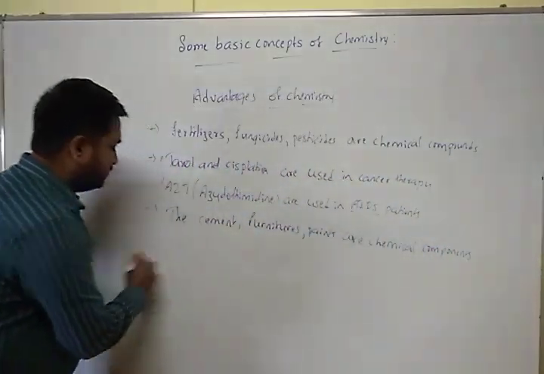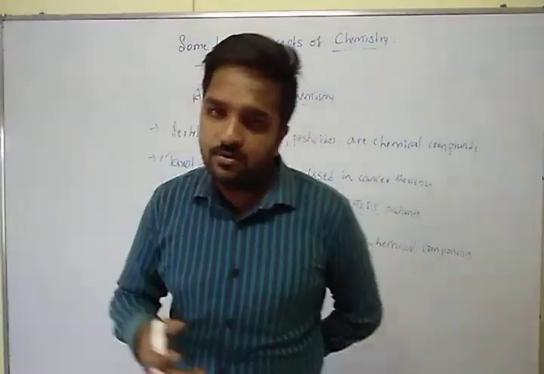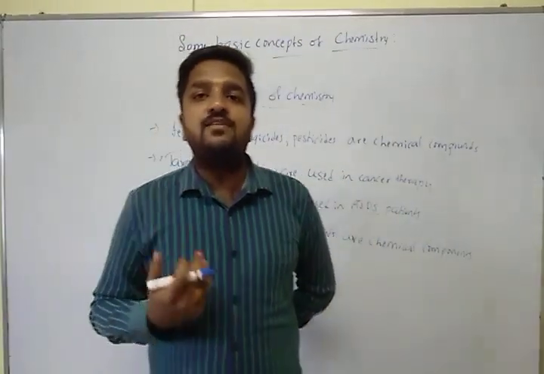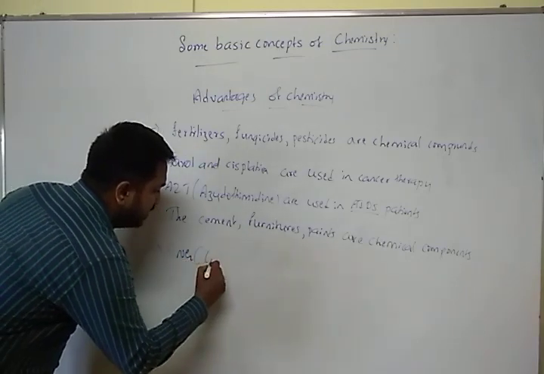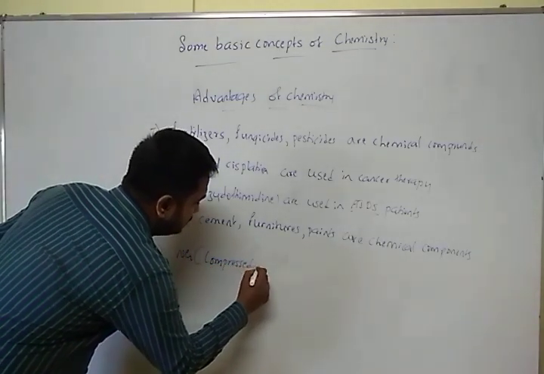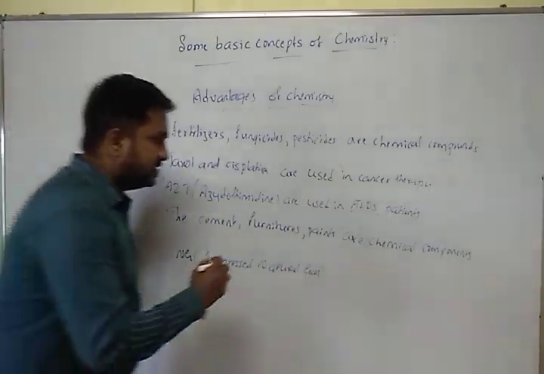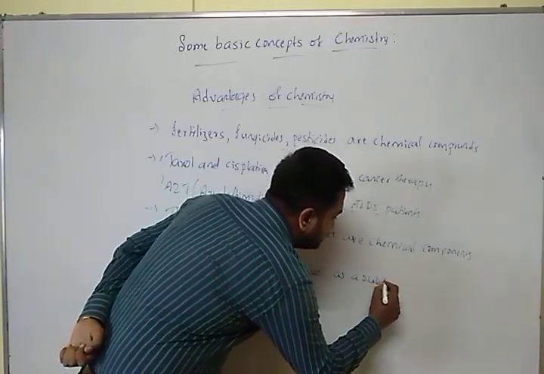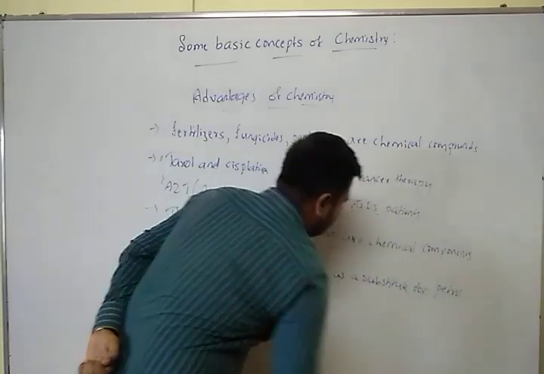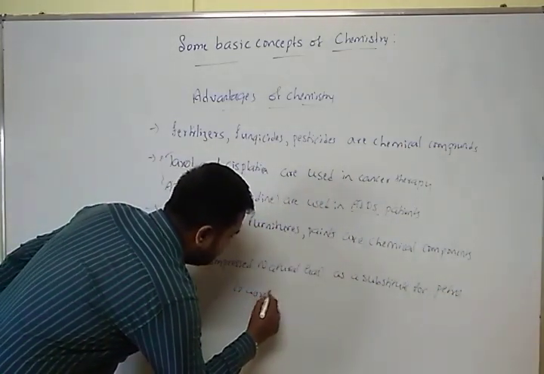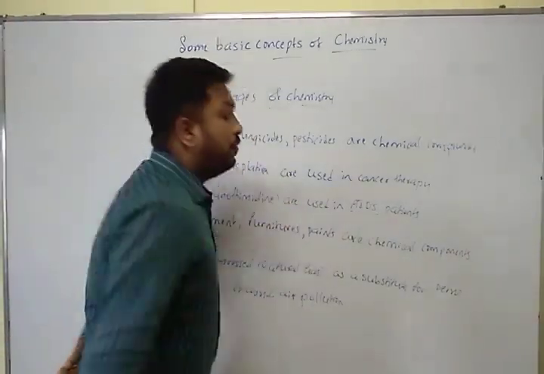Clear? And the next one is, using petrol and diesel causes air pollution. We all know that. So nowadays we have compressed natural gas, CNG, as a substitute for petrol and diesel to avoid air pollution.